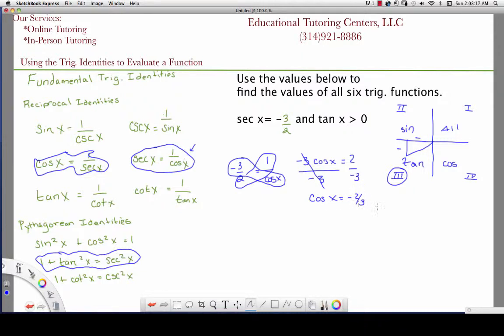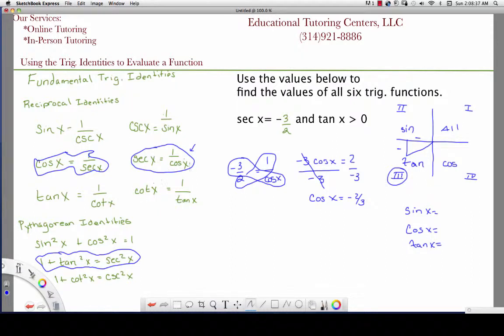Okay? So remember, we're solving for sine x, cosine x, and tangent x. And then, of course, their inverses would be the cosecant, the secant, and the cotangent.